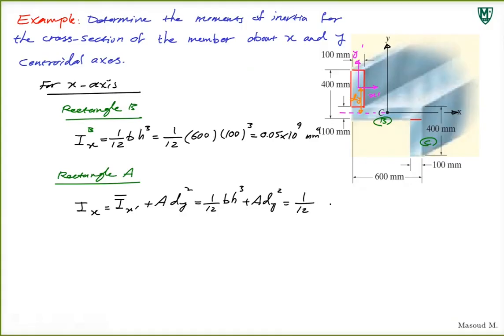Now 1 over 12, b for this would be 100. H for this would be 400 minus 100, 300. Plus the area of that rectangle is 100 by 300.